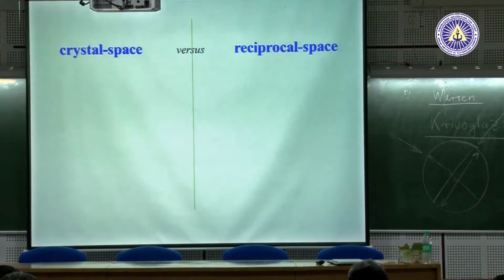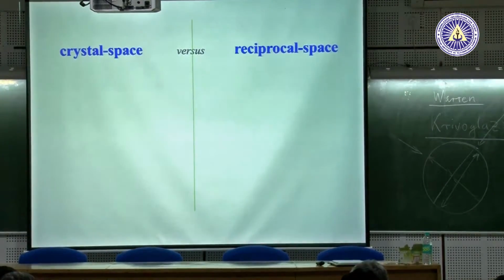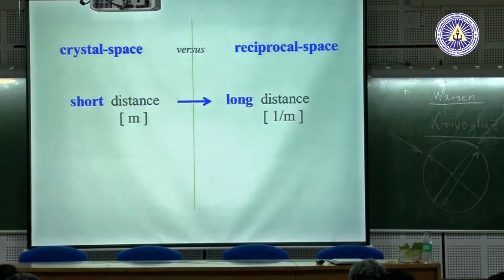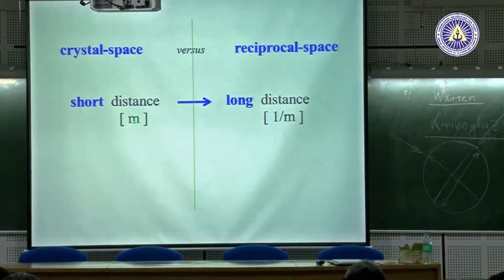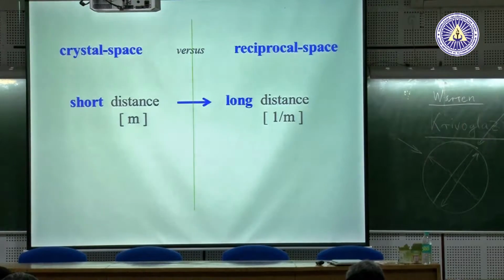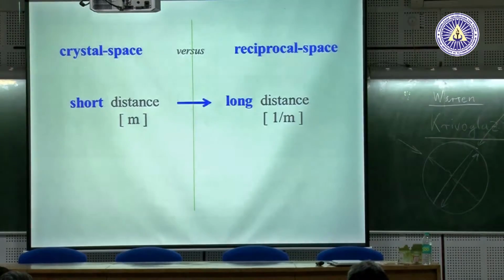It doesn't exist. But it is good to know the reciprocal space because you can think much easier. A short distance in crystal space will be a long distance in reciprocal space. This was discussed yesterday in detail. Remember?